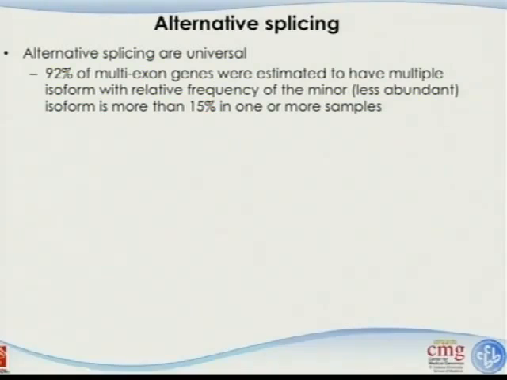We know that 94% of human genes have multiple exons. Among these 94%, 92% of them are alternatively spliced one way or the other across 10 different tissues.